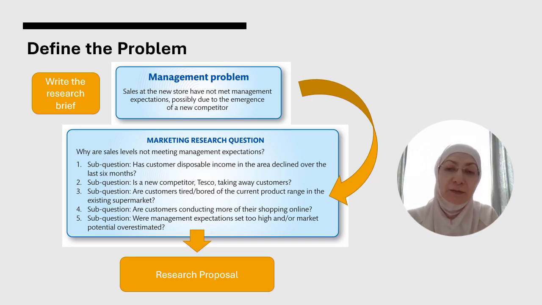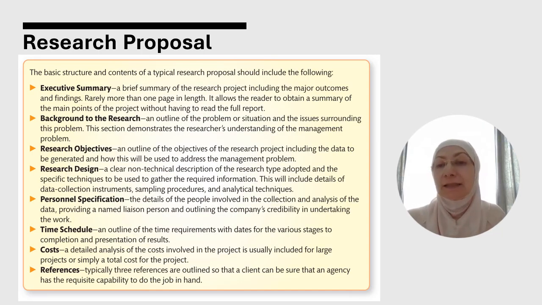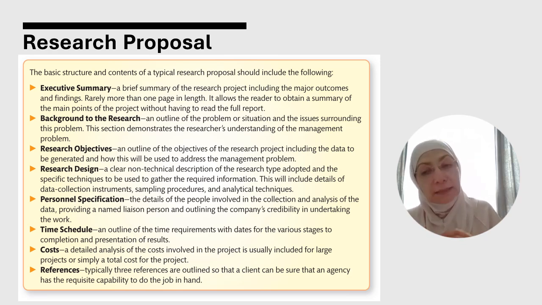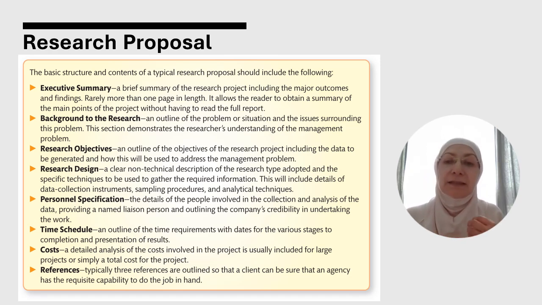Then you come up with your objectives and the proposal. The proposal is significant here, because it brings the plan together and highlights what's needed. And usually it's needed to sell the idea of the research and to gain the funding and the resources, the human resources and the financial resources that you need, and the time that is needed to do it properly, etc. You start with a background, so why this research came about.